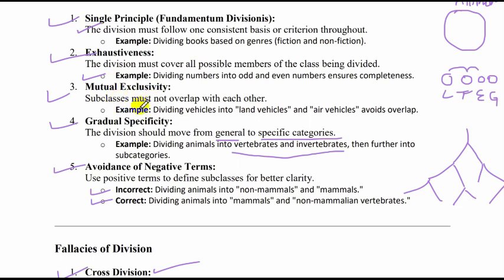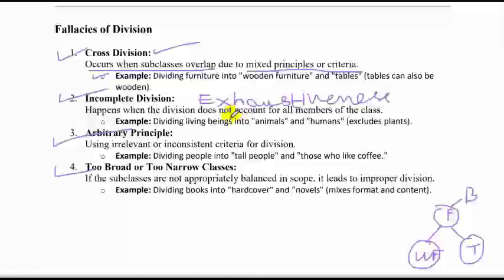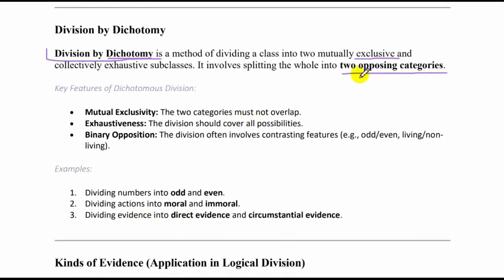Mutually exclusive. That is, they should not overlap with each other. Two mutually exclusive, that is, S should be separate, P should be separate. Mutually exclusive and collectively exhaustive. Exhaustive means it should cover everything that it should cover.